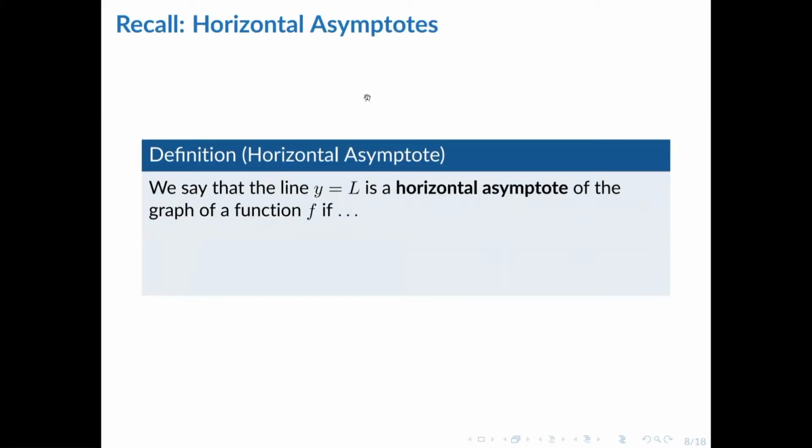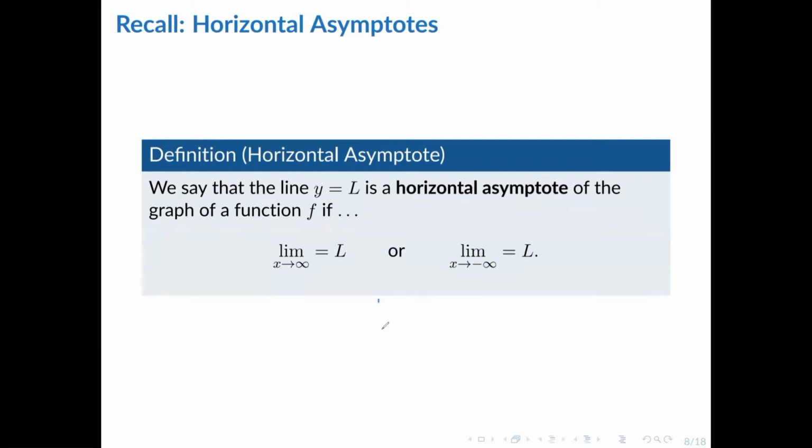For the definition of horizontal asymptote, we say that the line y is equal to L is a horizontal asymptote of the graph of a function f if the limit of f as x approaches positive infinity is equal to L, or the limit of f as x approaches negative infinity is equal to L.